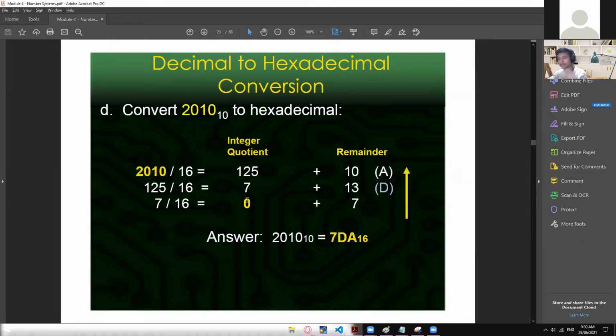Then 7 divided by 16 cannot be, so just put here 0, and then whatever is the final number in the integer quotient, just put it as our remainder. Once this one is 0, you can read the remainders from bottom to top. So this one is 7DA base 16.